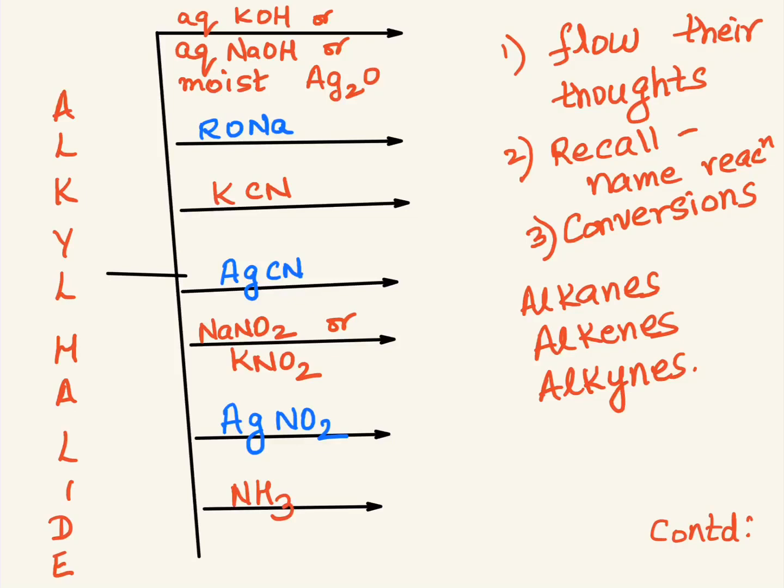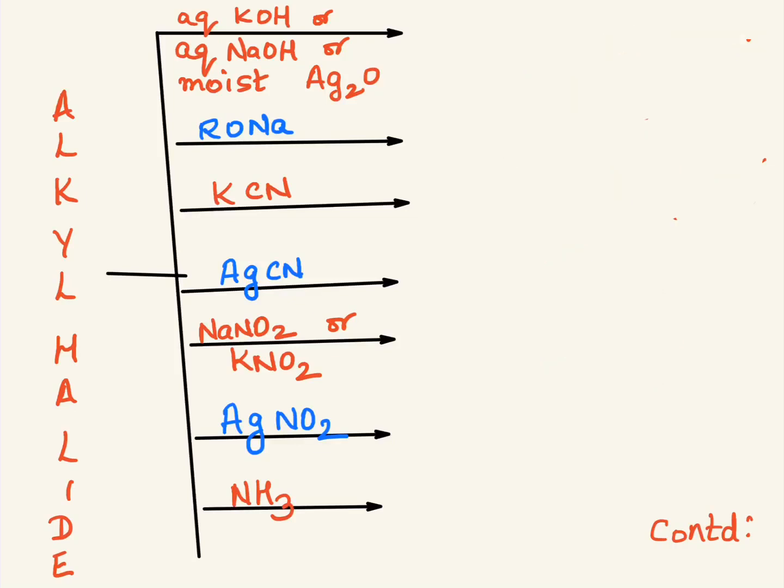Please take maximum benefit out of it. Now this is a flow chart which lists the nucleophilic substitution reactions of alkyl halides, and please remember, this is not complete, this is to be continued. This is just a part of the flow chart. But because there are so many, I had to split it into two parts so that it does not become boring for you.